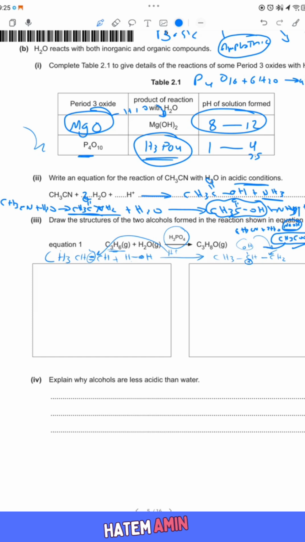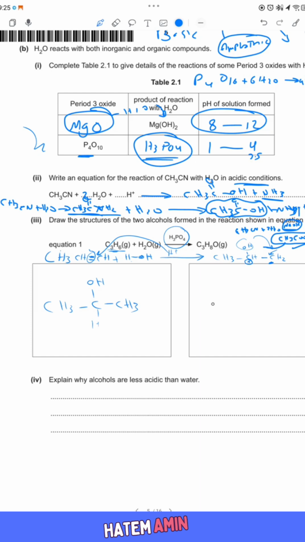So the structure of the first one, if the hydrogen entered this first carbon, OH will be here in the middle to give us CH3, C, here we have OH and H, and here we have CH3. Okay, this is the first structure.